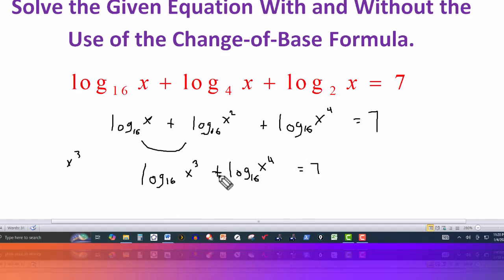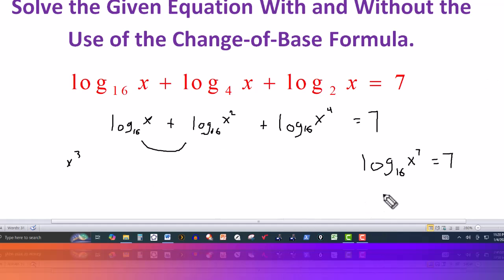And now again, because I have a sum, I can do the same thing. This will be the log base 16. Then you multiply these two. x to the fourth times x to the third is x to the seventh. So I get log of x to the seventh to base 16 equals 7.